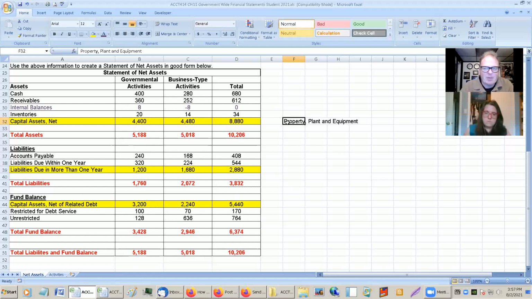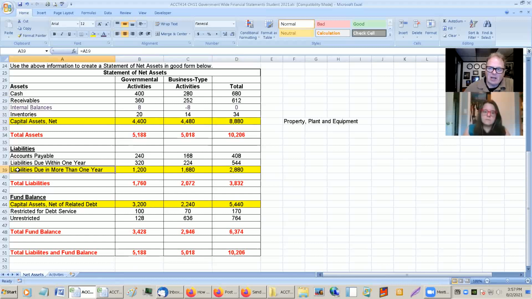This has got capital assets: land, streets, buildings, equipment, police cars, all that stuff. Now, in regular fund accounting, we don't have long-term assets. They're just all expenditures. So we only have cash, may have some receivables that turn into cash. They may or may not put inventories on the list. Some governments do, some don't. But anyway, they don't have any long-term things on the list. So we put these long-term things on the list.